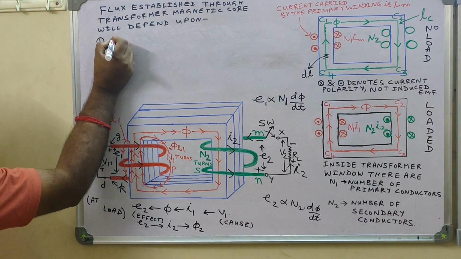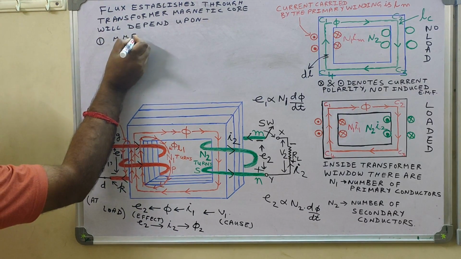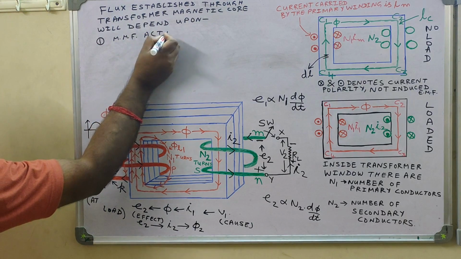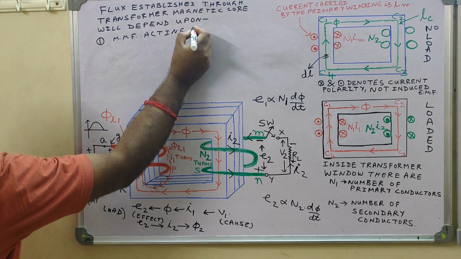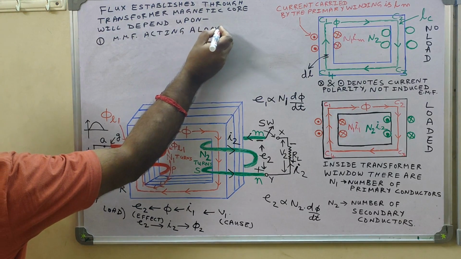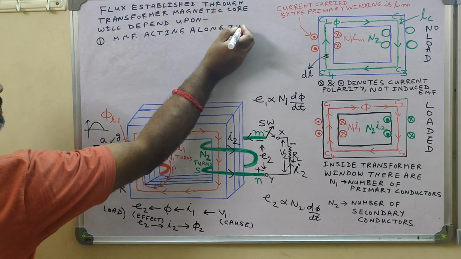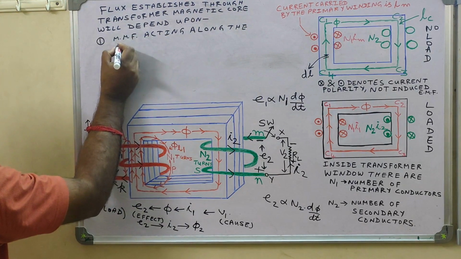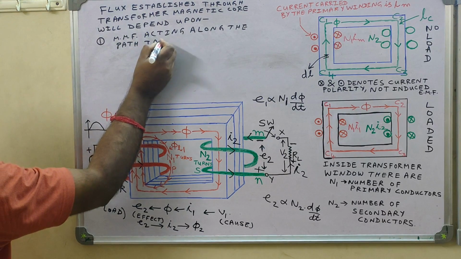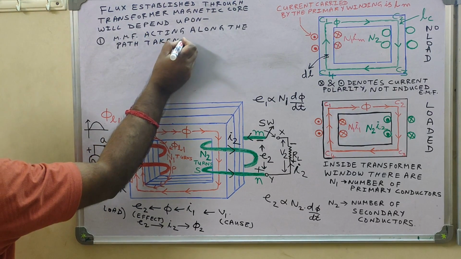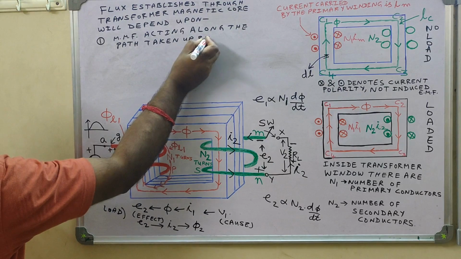Number one, MMF acting along the path taken up by mutual flux.